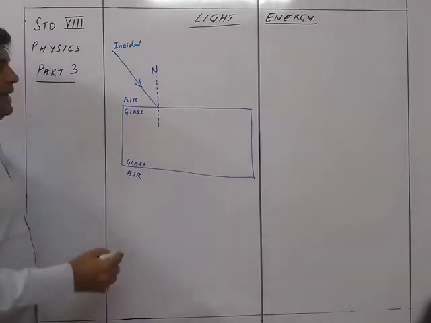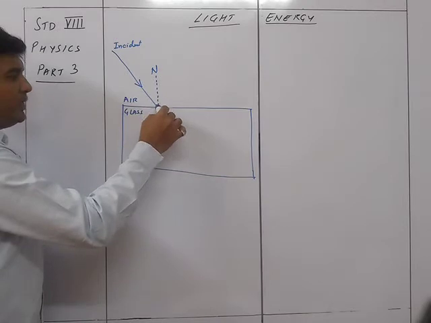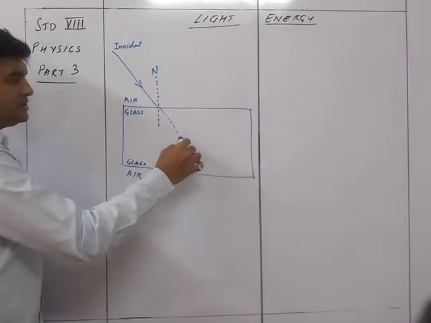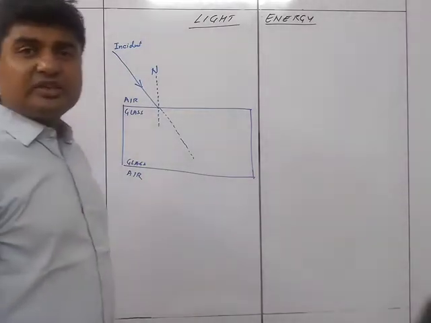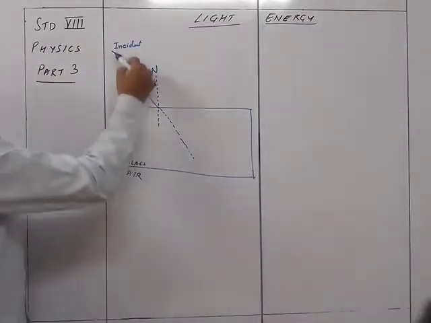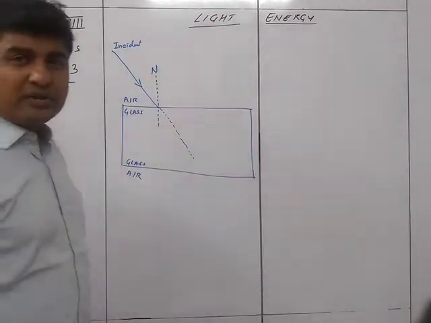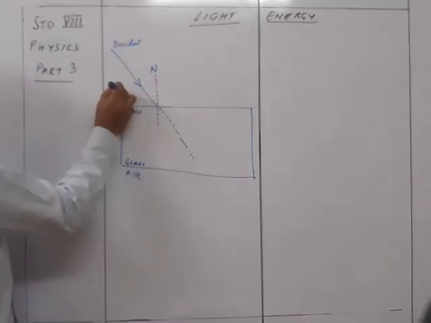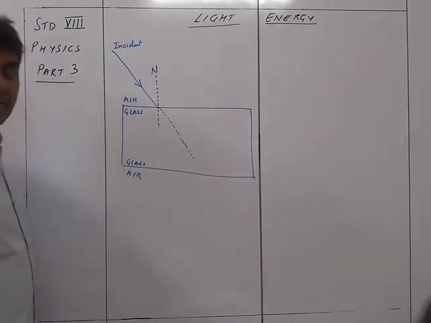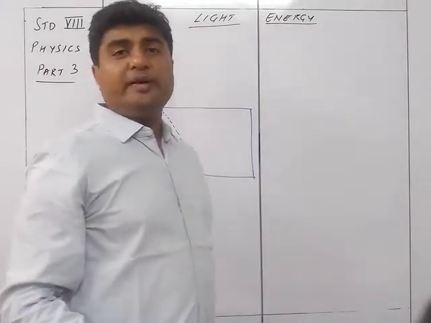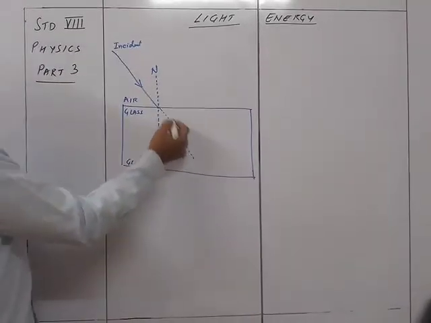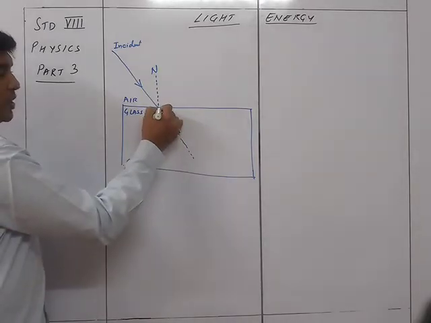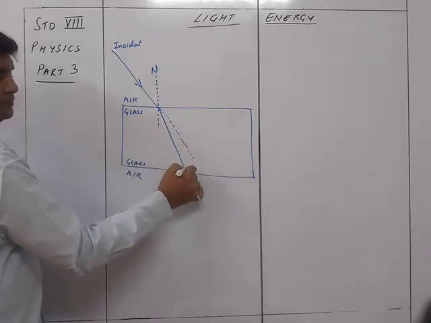Now, this line should have gone like this if there is no deflection, right? If there is no refraction taking place, then this line would have gone like this. But now I know that it is going from a rarer medium to a denser medium. When it goes from a rarer medium to a denser medium, it goes towards the normal. So instead of going like this, it is going to go towards the normal, like this.